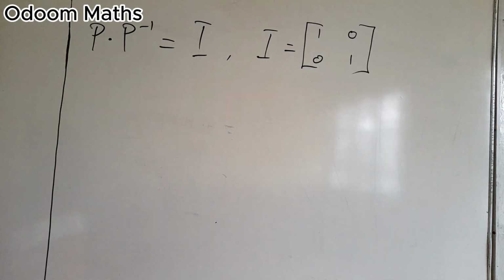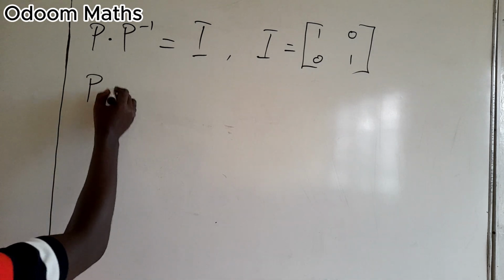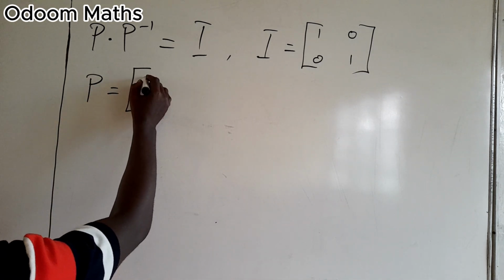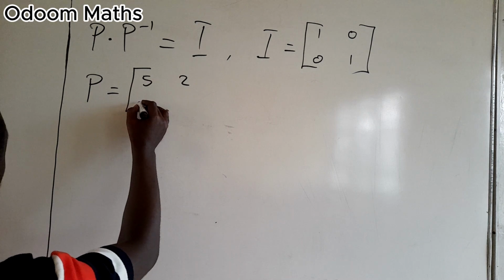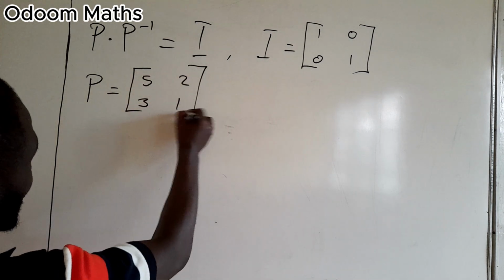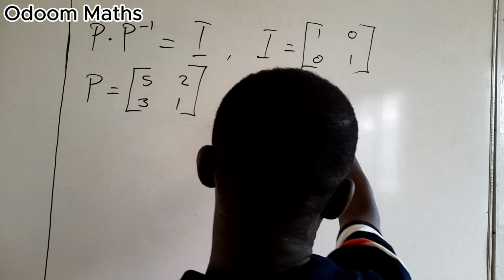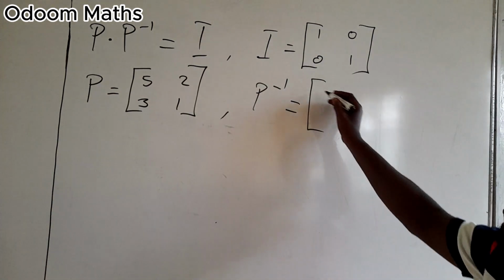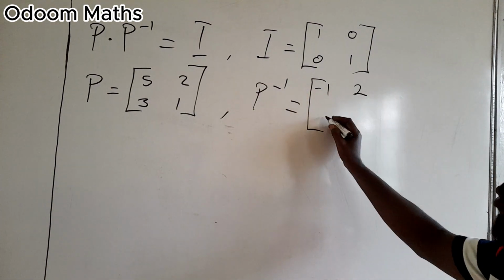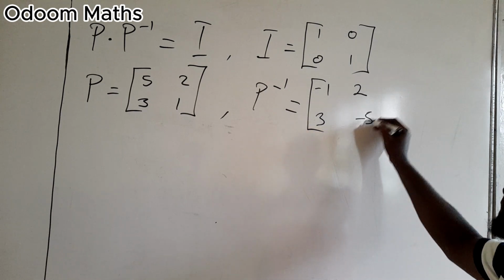So the matrix P is 5, 2, 3, 1. And P inverse is negative 1, 2, 3, negative 5.